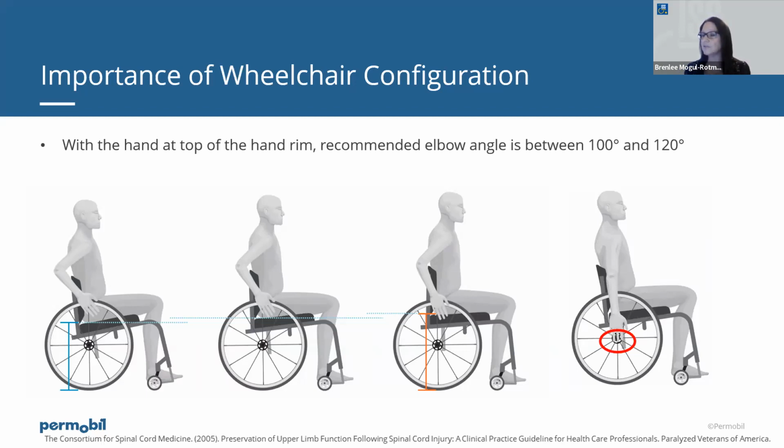And the center of gravity configuration, the rear wheel position, the rear seat to floor height, and the back support angle are all going to affect how effective the propulsion is going to be and how much we can mitigate or minimize excessive stress and strain on the shoulders.